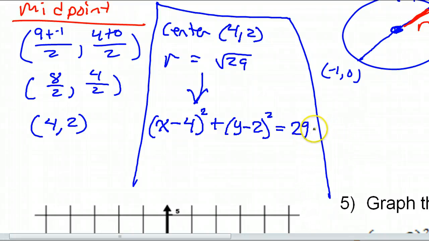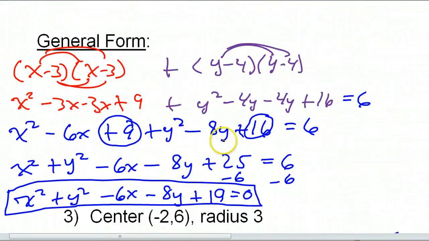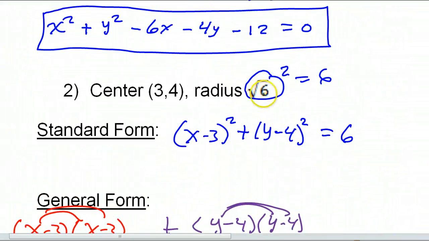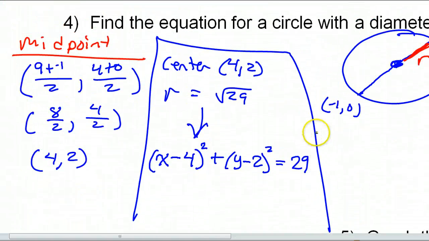Writing radical 29 squared or just 29? Look back at what we did before, okay? Remember when we had radical 6? Did we put radical 6 squared here, or did we just put 6? That's how we're going to do it. Okay? So, bam, that's it. There's your number 4. Any questions on that?